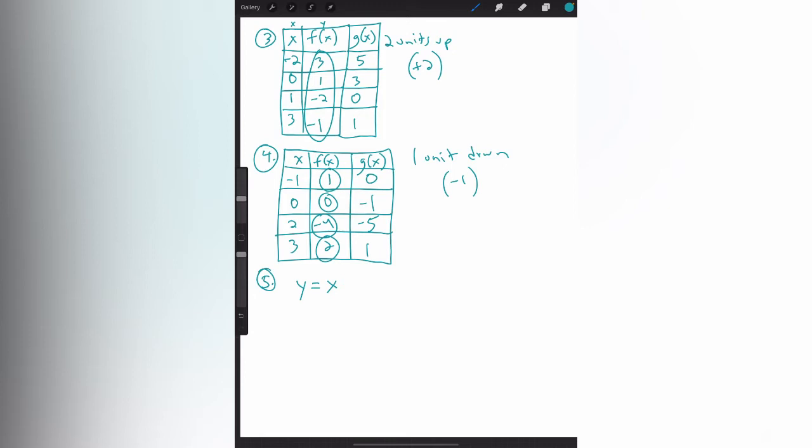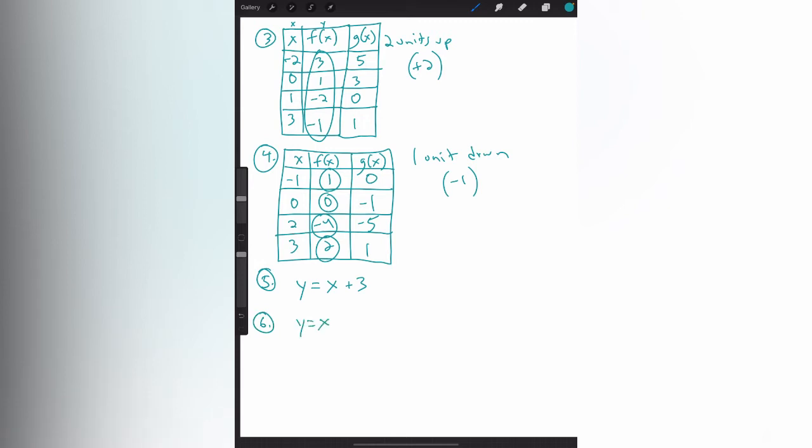Think back to my very first few problems. I guess it was number one we moved 3 units down. Number 2 we moved 4 units up. In this case it says move 3 units up. I'm just going to add 3. Okay, that's simple.